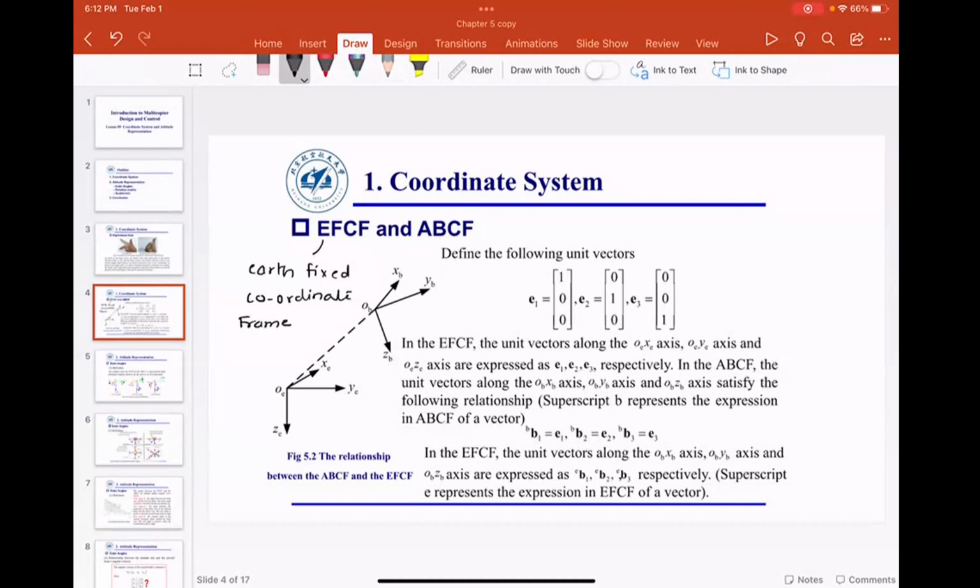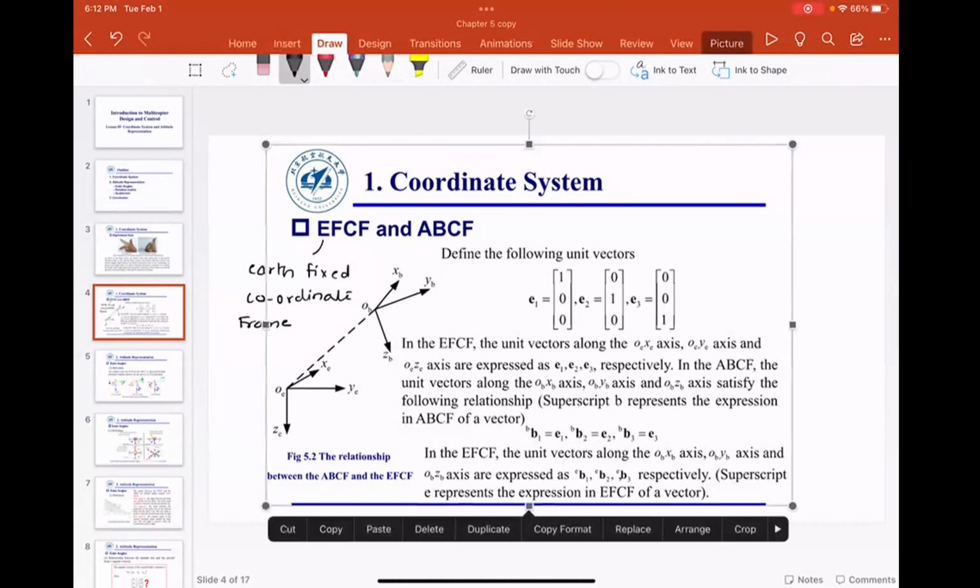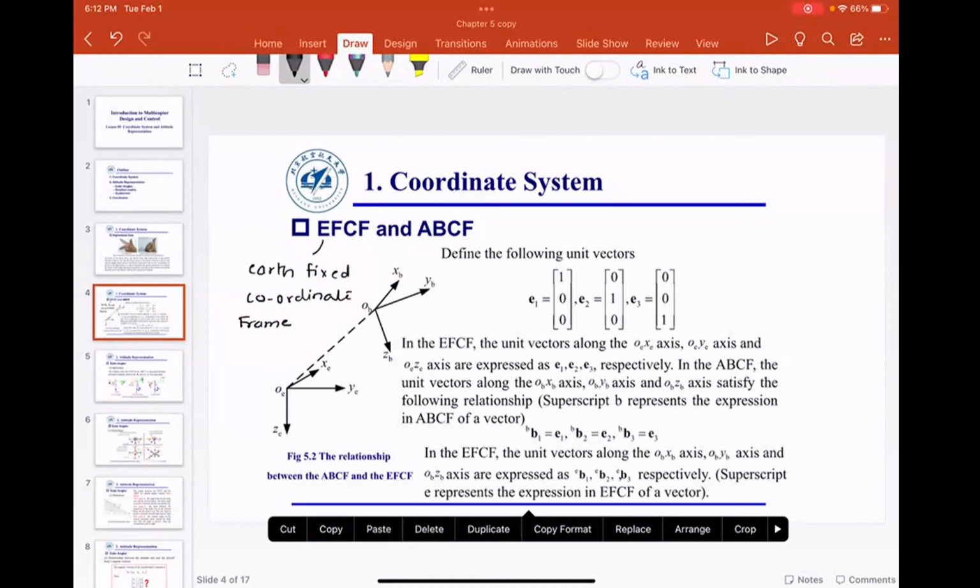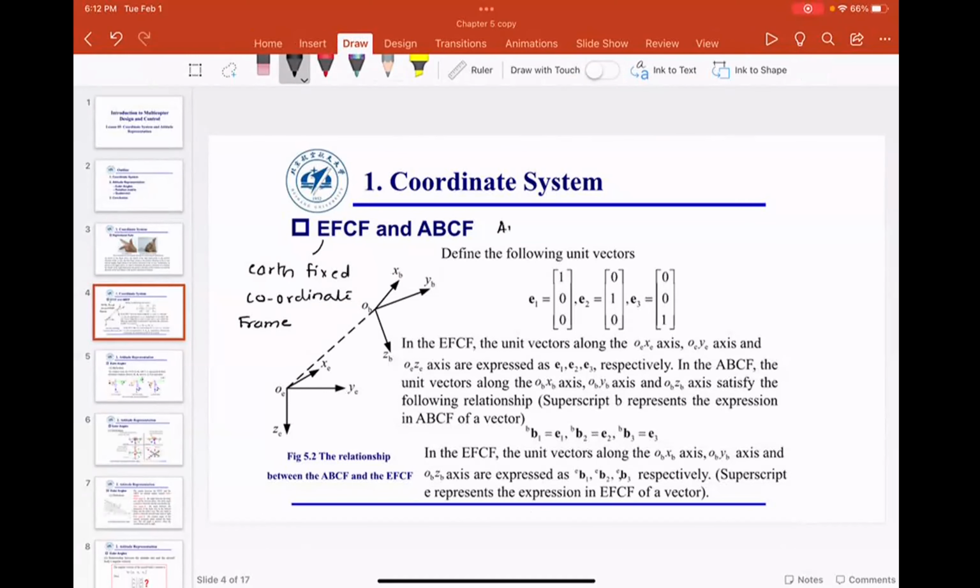And then there is the ABCF, which is called the aircraft body coordinate frame.